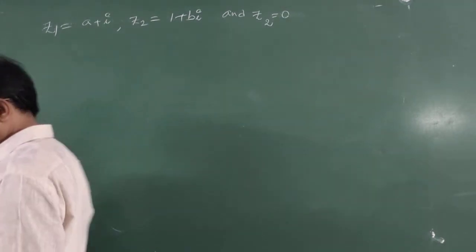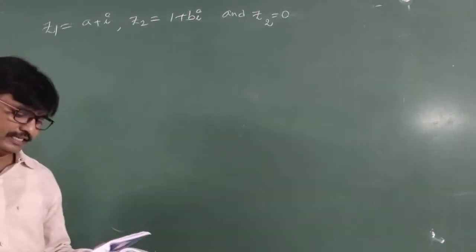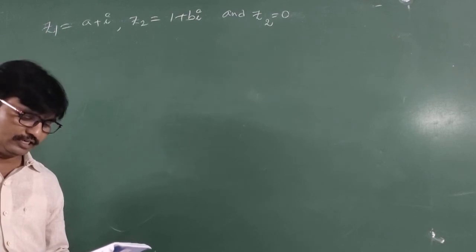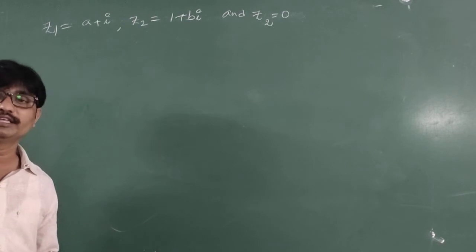My dear students, the points Z1 = a + i, Z2 = 1 + bi, and the origin form an equilateral triangle. What are the values of a and b?